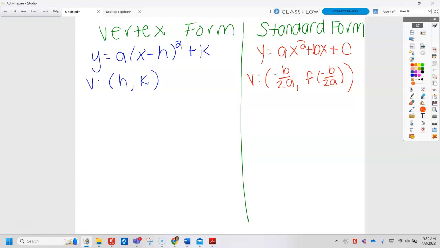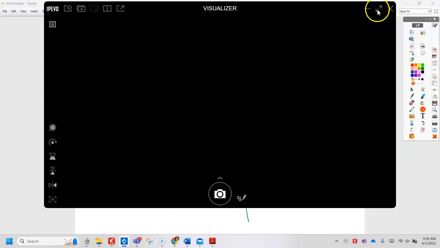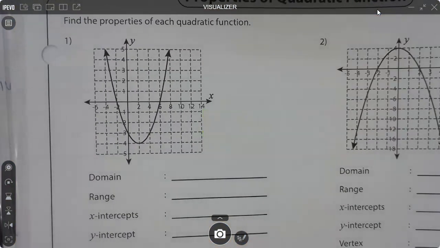If you go back to the example on the front, I have given you a graph of a quadratic. So what we're going to do is use that graph to determine some key pieces of information.